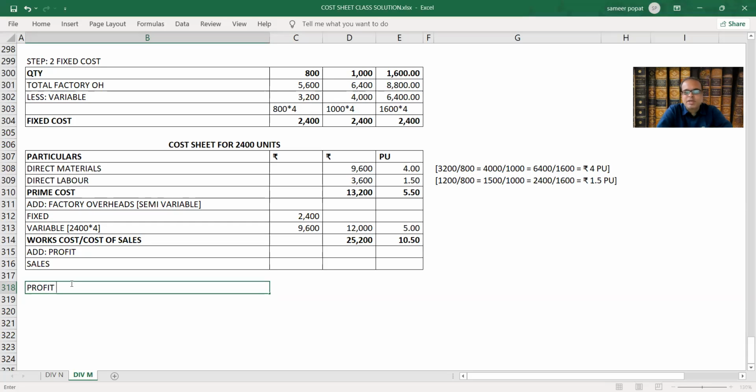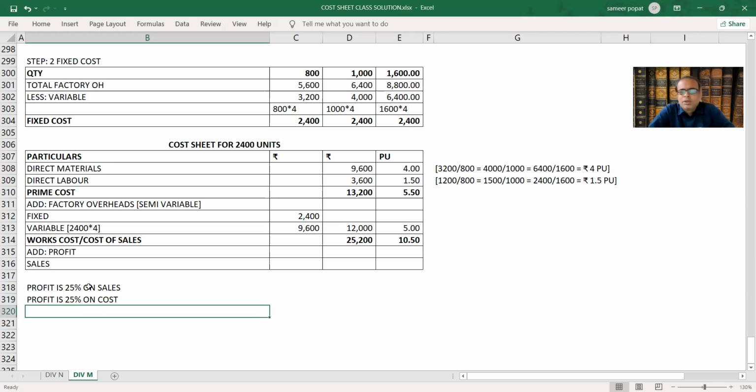The profit percentage may be given in two different forms. One is, let us assume that profit is 25% on sales, which is given in this sum. Or else they may also give you profit is 25% on cost. Now tell me whether both, 25% on sales or 25% on cost, is it same or different?